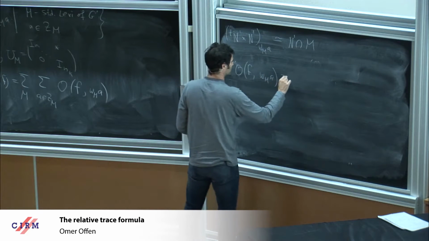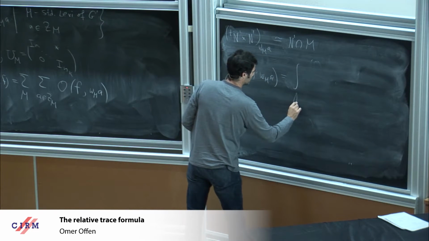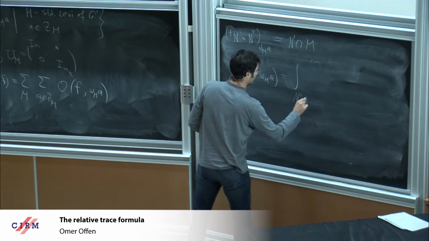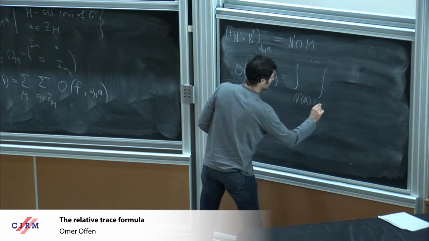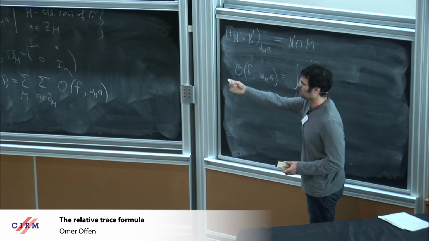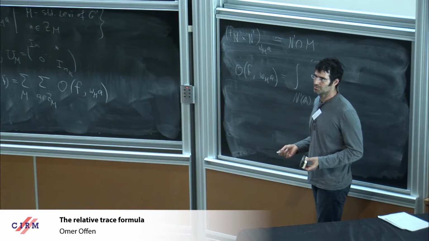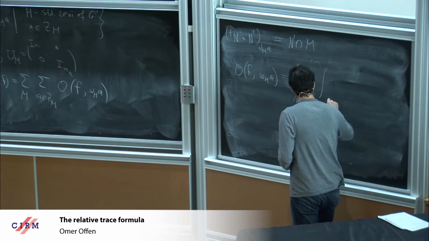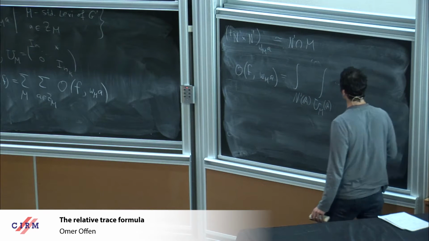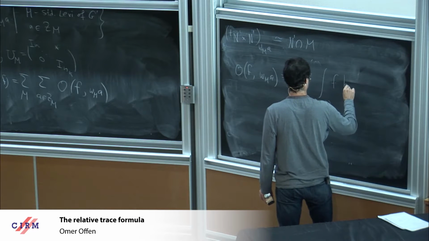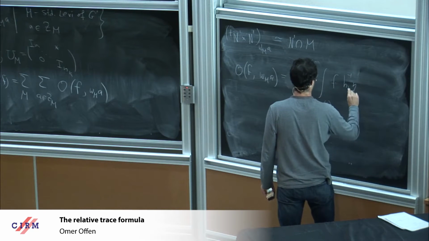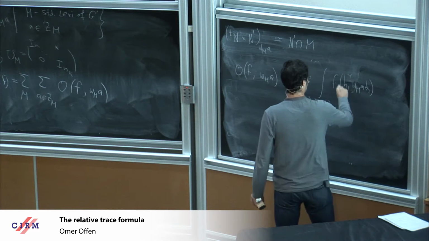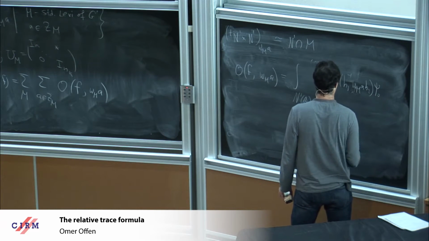So in one variable, we integrate over N prime, and in the other variable, we integrate over the quotient of N prime by the stabilizer, which is N prime intersect M, that's the unipotent radical of the parabolic with Levi M, of F of H1 inverse WMA H2, psi naught.